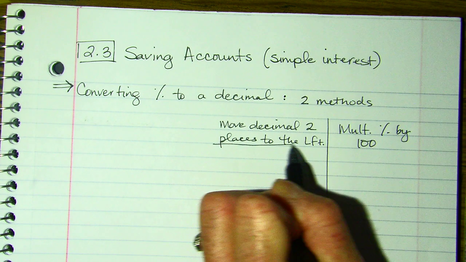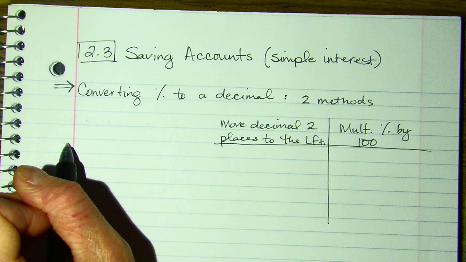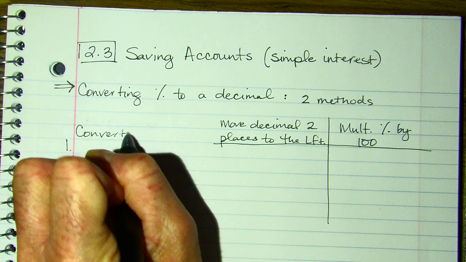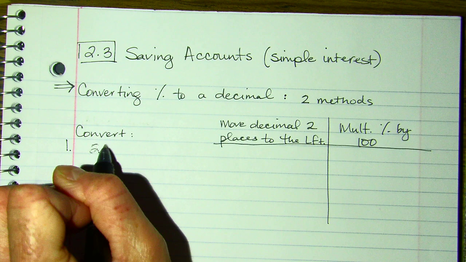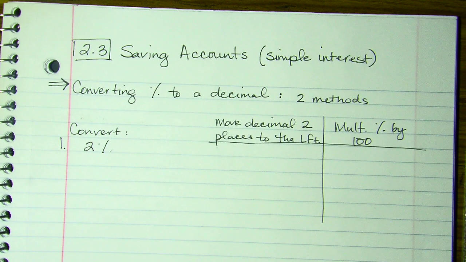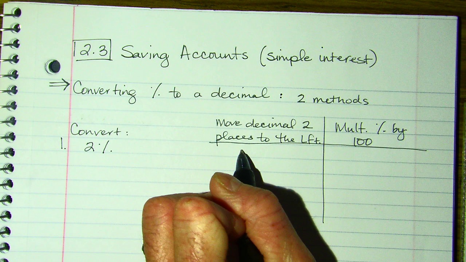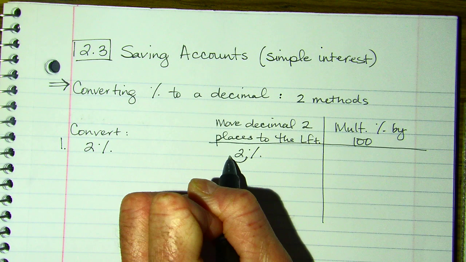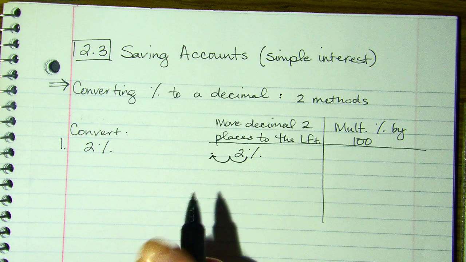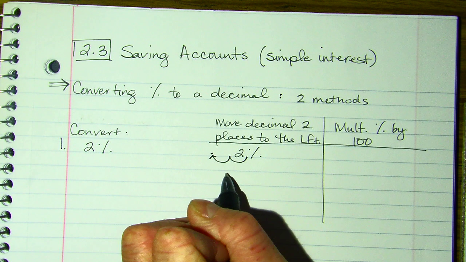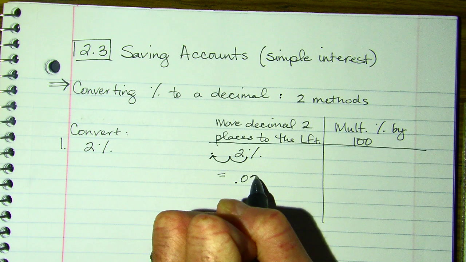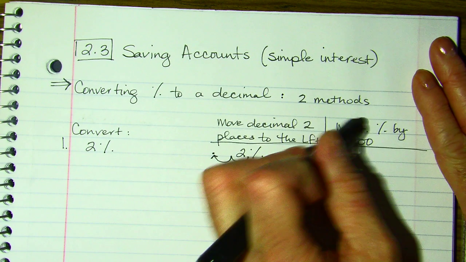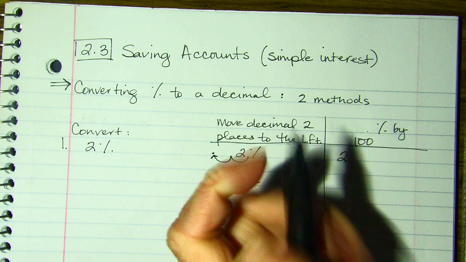So I'm going to do a couple of problems showing you both methods, and you pick which one you prefer. Convert the following. Number 1, 2%. There is an invisible decimal here, so I would move it 2 places, and in the blank spot I would add a 0, so 0.02. Or the next method, this should be divide, I'm so sorry.